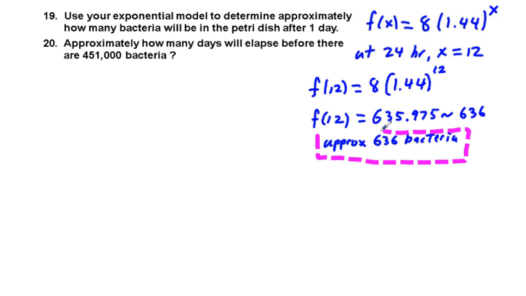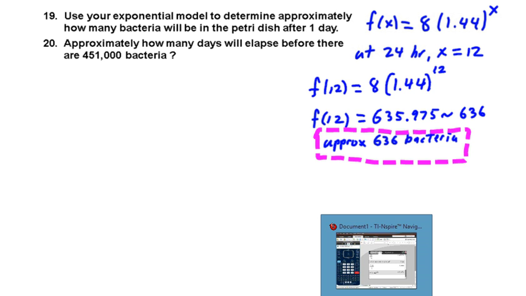Number 19. Number 20, approximately how many days will elapse before there are 451,000 bacteria? Well, I'm going to do like I did in the prior video and go to the table view. I think hours might be a more appropriate thing.